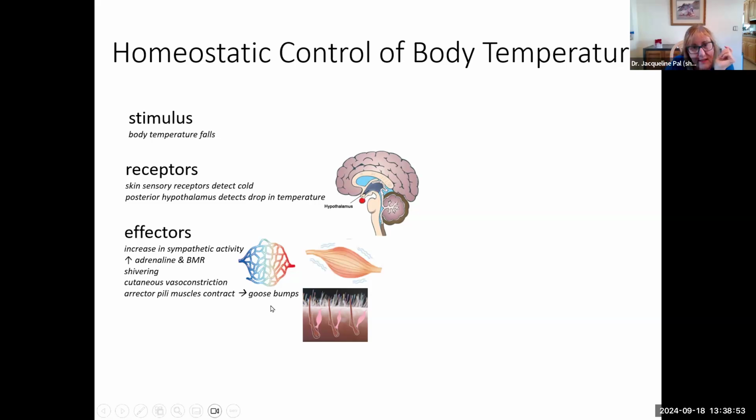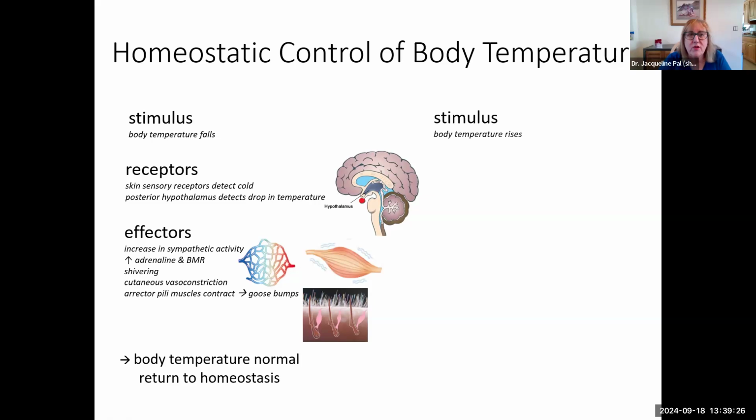In addition, every single hair in our body has its own private slave skeletal muscle that's going to contract. An erector pili muscle is going to contract. So every hair in your body is going to stand up on end, which traps heat in your body, gives you goosebumps. All those things serve to raise your body temperature and return you towards homeostasis.